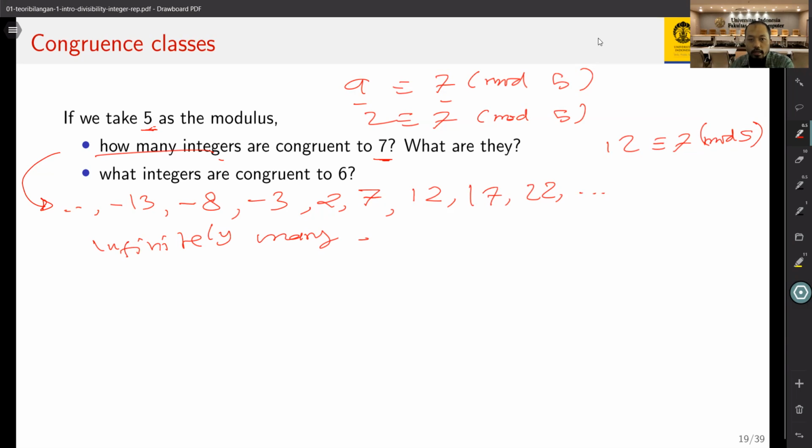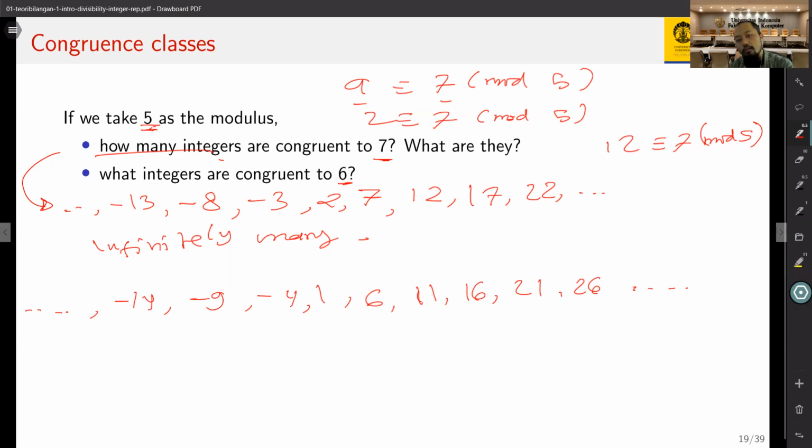Now, how about integers that are congruent to 6 modulo 5? Then again, you have 6 here, and then 1, obviously, 11, 16, 21, 26, and so on. And of course, minus 4, minus 9, minus 14, and so on.